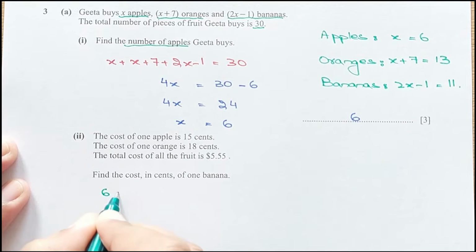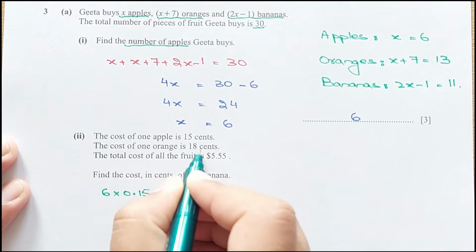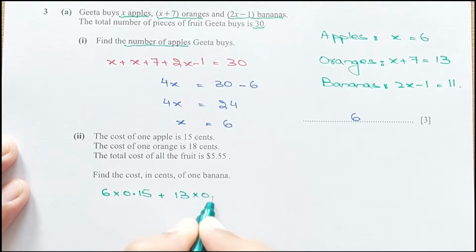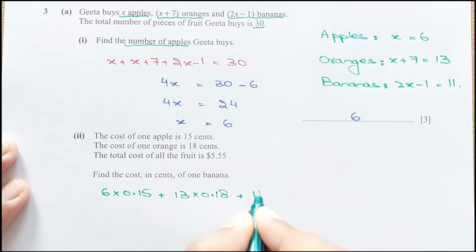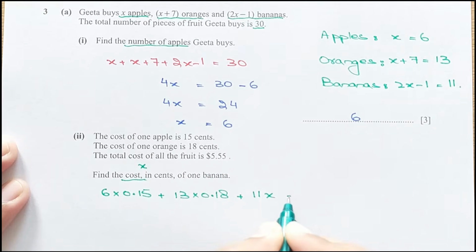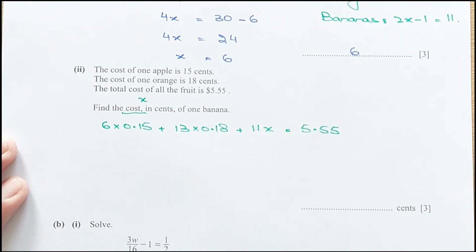So the cost of 6 apples is 6 times 15 cents, plus 13 oranges at 18 cents each, plus 11 bananas, and the cost of one banana is, let's say, x. We suppose that is x, and the total she pays is $5.55. We have to solve for x, the cost of one banana, right?